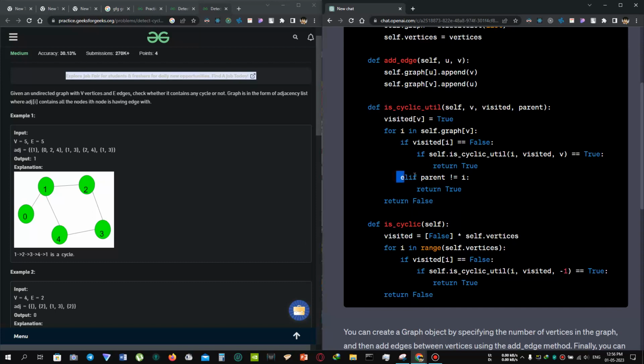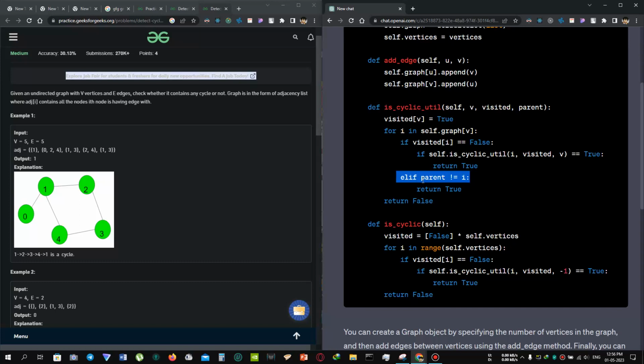Just consider it, instead of else if, as if parent is not equal to I and visited is equal to true, because that's when it will come here, right? So if it is already visited and it is not a parent element, then we will return true.